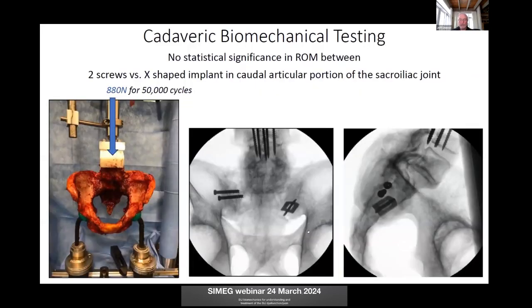And we've further validated that with a biomechanical cadaveric study. In this case, we used 880 newtons for 50,000 cycles. And we found that it was not significantly different from placing your predicate trauma screws, AO trauma screws, on the other side.